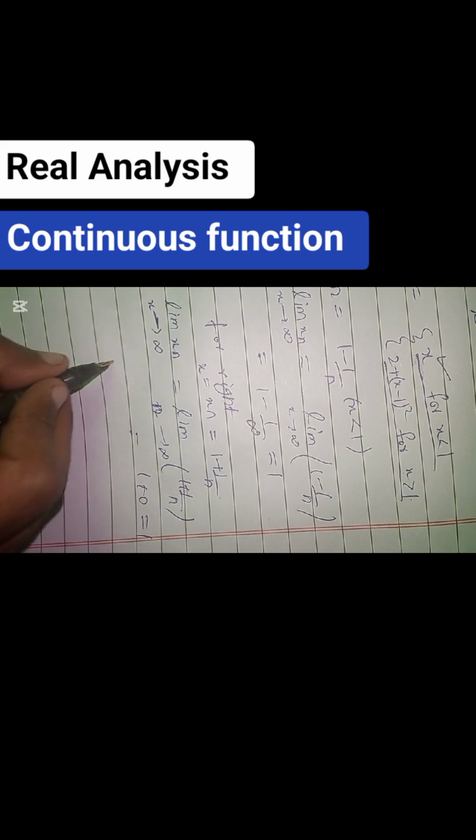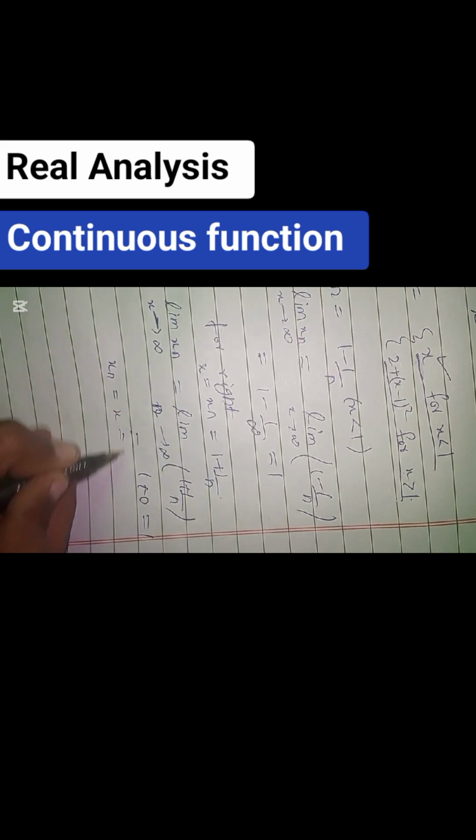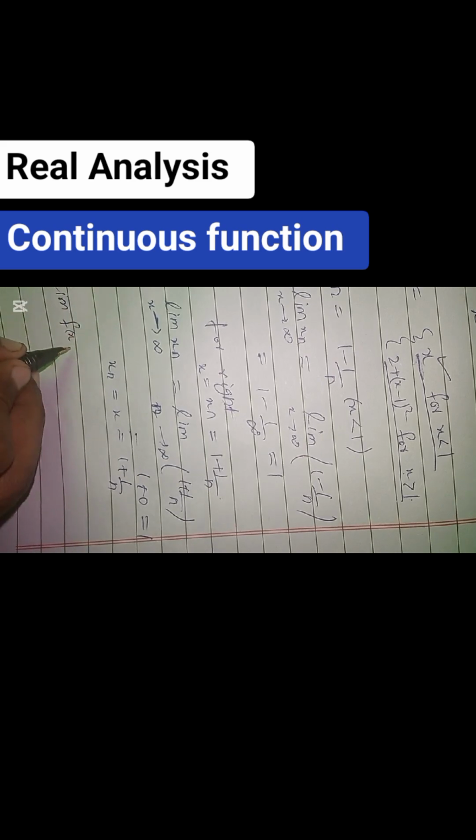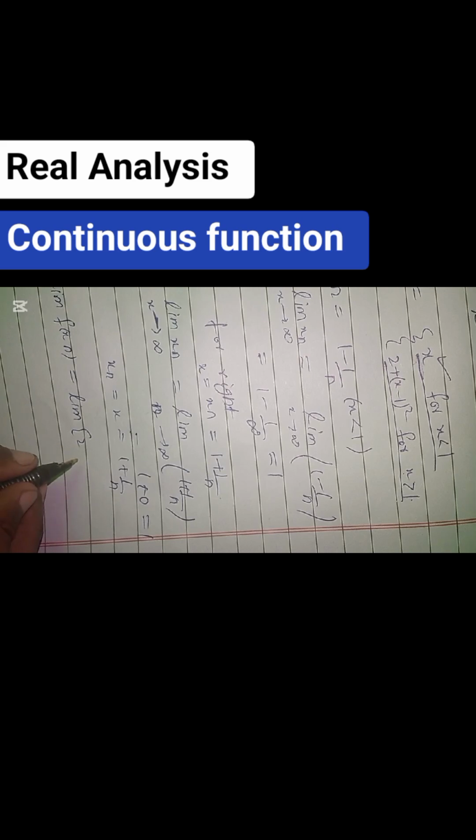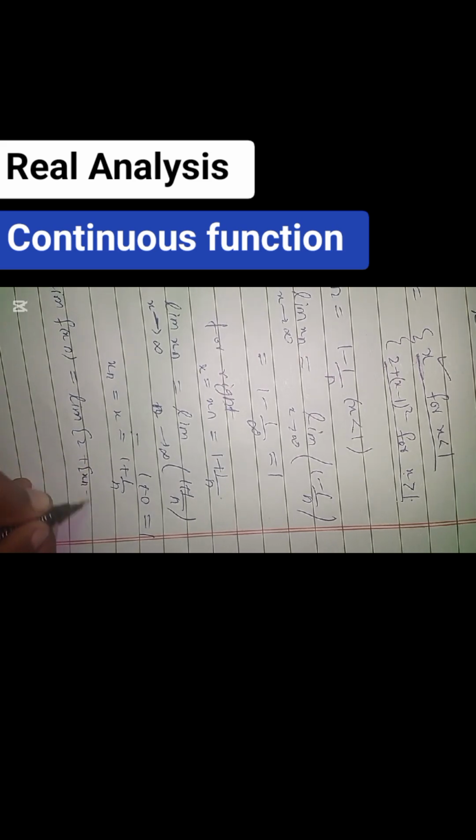We are going to put xn = 1 + 1/n in the second function. So this will be the limit of f(xn) = the limit of 2 + (xn - 1)^2.